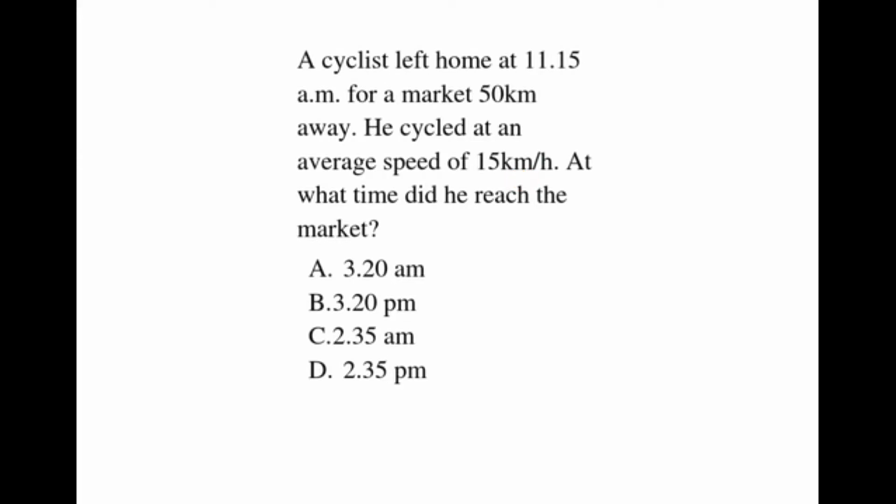Solution. For us to get time, we divide distance by speed. So for us to get the time taken to reach the market, we take the distance, which is 50 kilometers, divided by speed, 15 kilometers per hour.